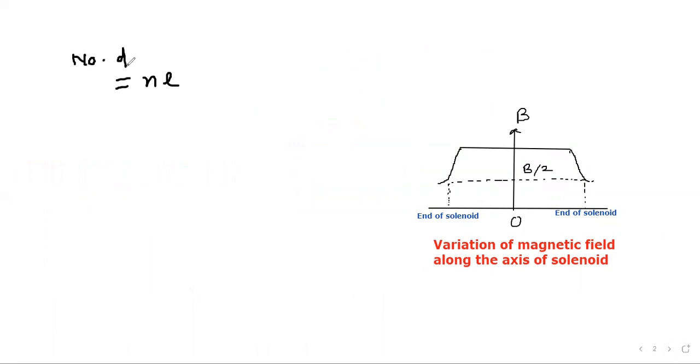Number of turns in length L will be NL. So we can say that the current I of the solenoid threads the loop ABCD NL times.